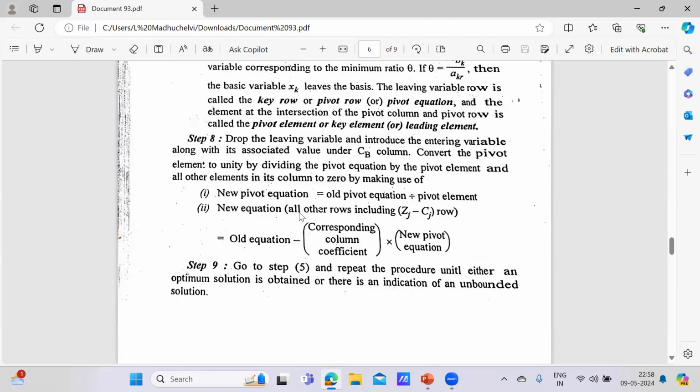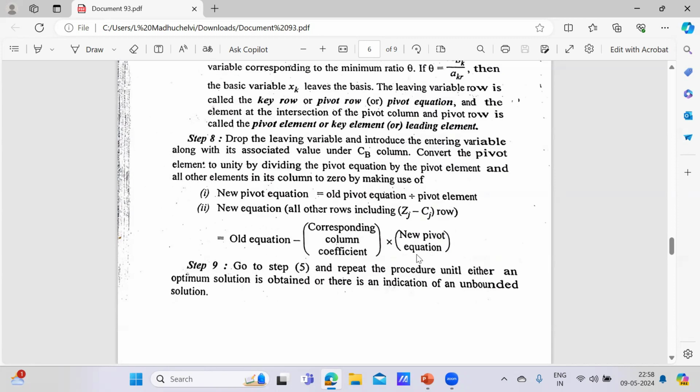Second, new equation for all other rows, including the Zj minus Cj row, equals the old equation minus the corresponding column coefficient times the new pivot equation.